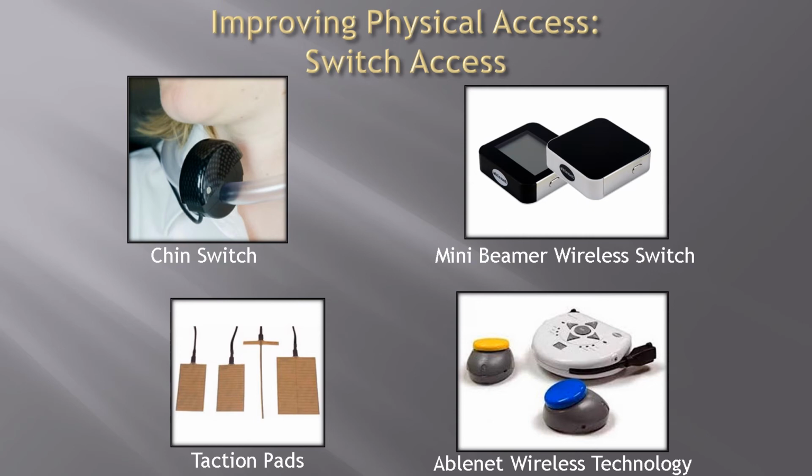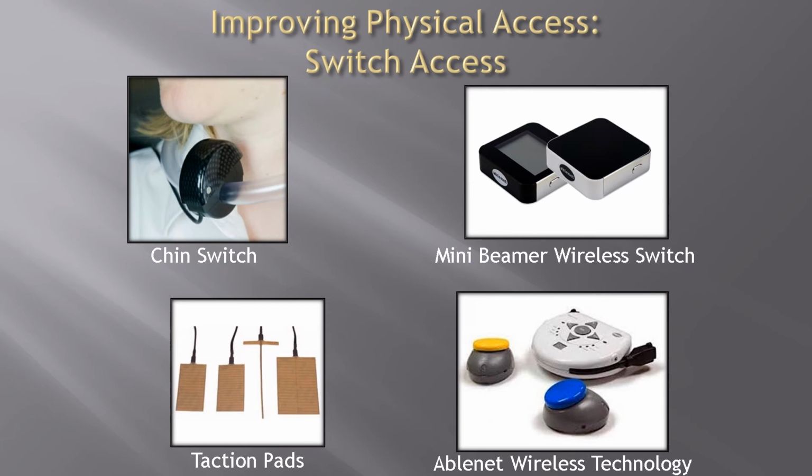The transmitter is a switch unto itself, but any of the other switches we've seen so far could be plugged into it if that style of switch, whether it be grasp, lever, or whatever, works better for the client.